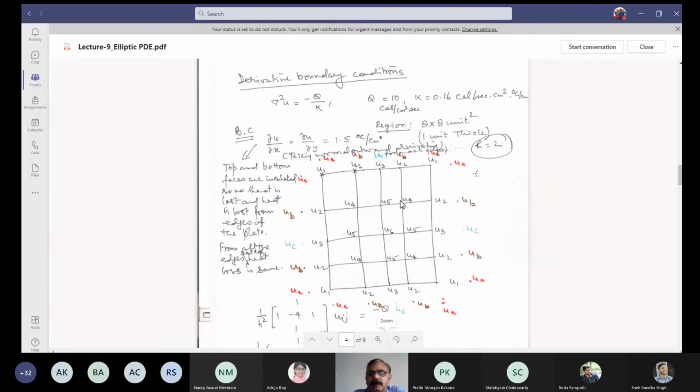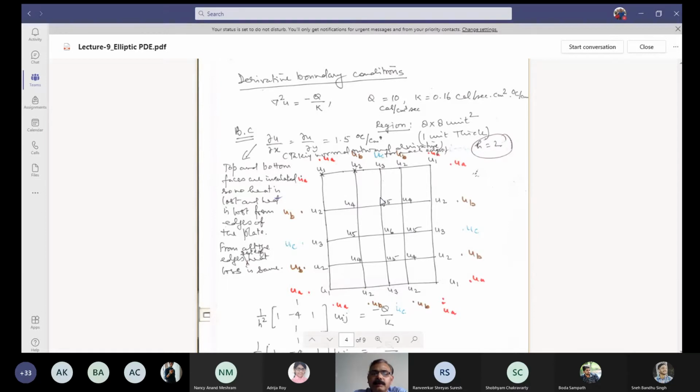This again will be U4, and then U6, and this will be U5. Why will this be U5? Can anybody explain? You see its position. The position of U5 is 1 unit from that edge and 2 units from this edge, but both edges have the same rate of loss.